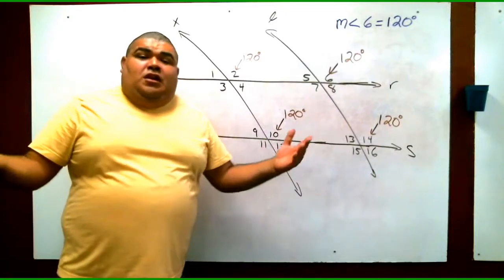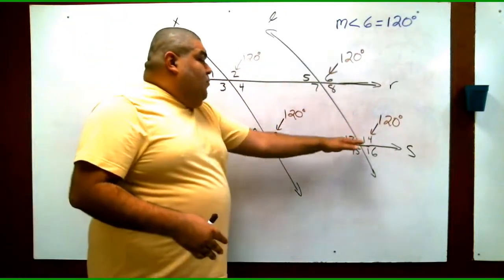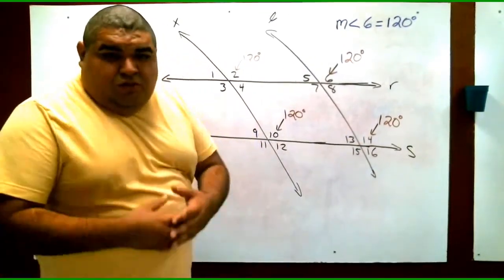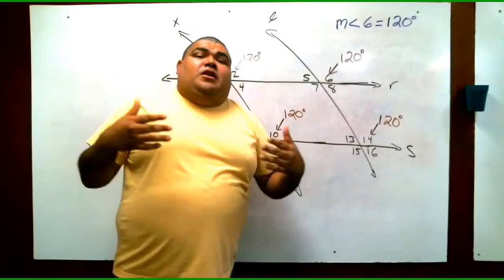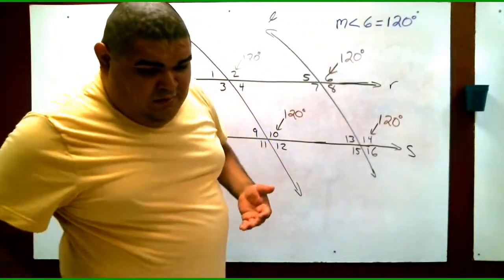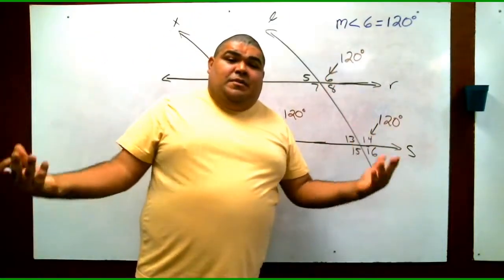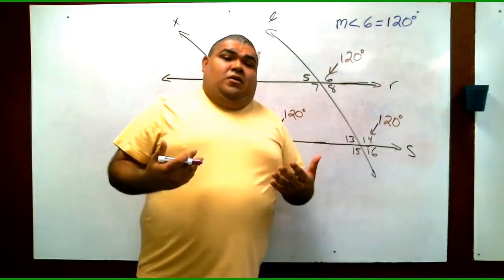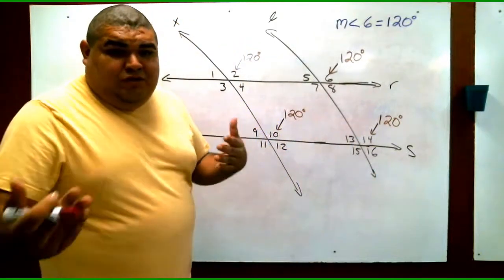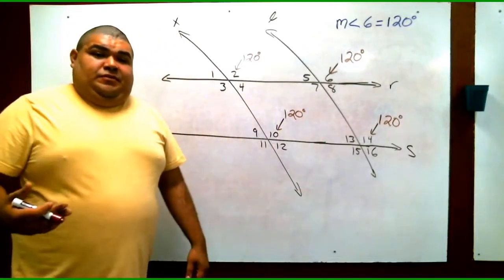So we use the postulate of corresponding to solve for at least 3 more angles with just one angle. Now we can use other theorems like congruent, adjacent, linear pair, symmetrical. They're all theorems you can also use, but today we're mostly going to focus on the 4, which is alternate exterior, alternate interior, corresponding, and consecutive interior.